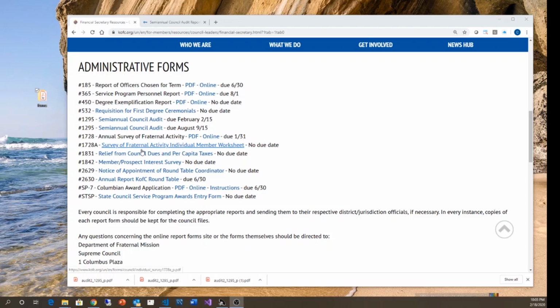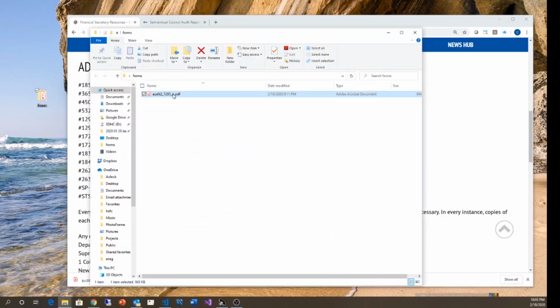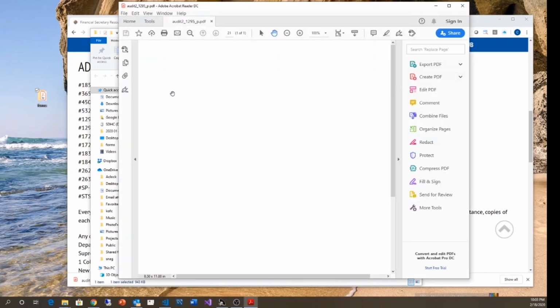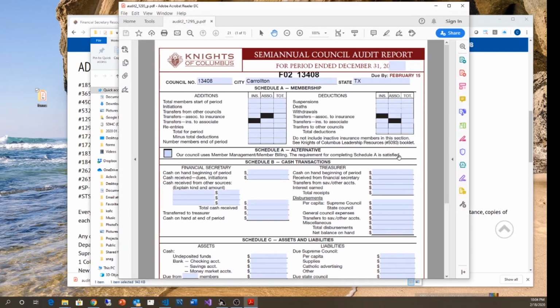I've already downloaded the audit form from here, and we're going to open it up. Now, if we look at the semi-annual audit, first thing we're going to do is put in the date. I've already put in the council number, the city, and the state.